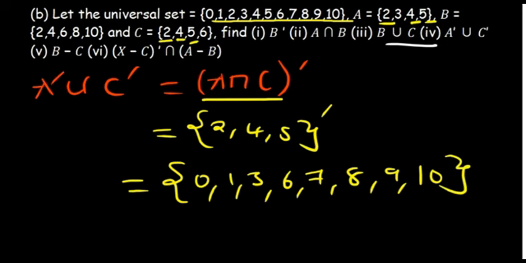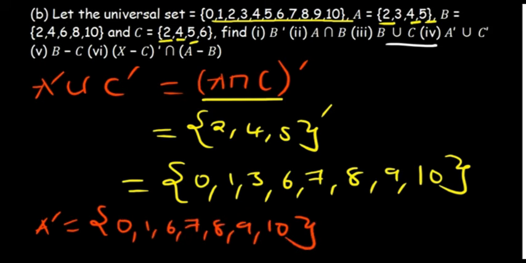If you want as well, you can decide to just list your A complement. For your A complement, you remove 2, 3, 4, and 5 from the universal set, and what you remain with is 0, 1, 6, 7, 8, 9, and 10. Then you are also interested in C complement. For your C complement, you exclude the members in C, which are 2, 4, 5, 6.